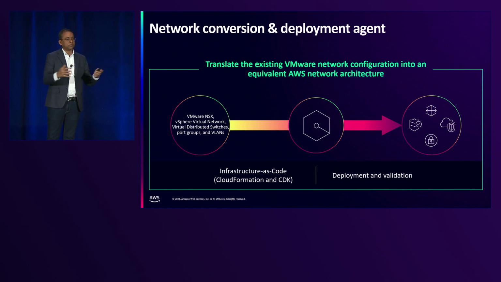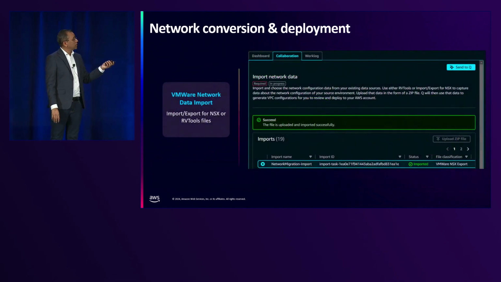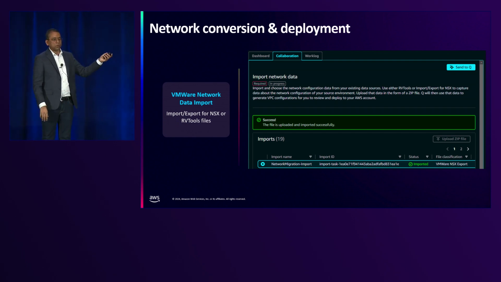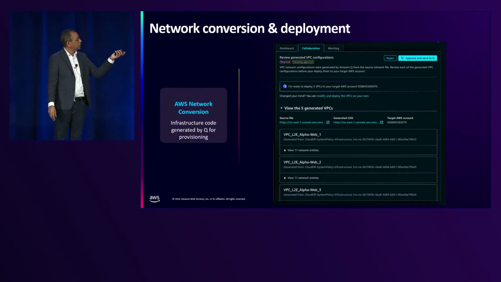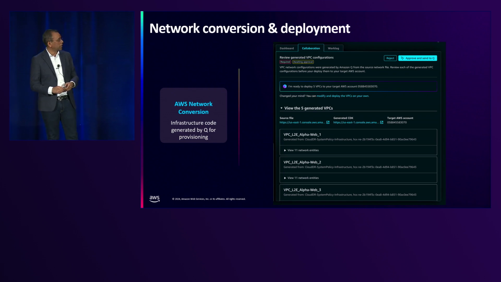So that significantly reduces the manual work, and more importantly, all the errors that can happen in that process. So again, the experience is the same web application where you started your migration journey. When it reaches this step, it is going to ask you if you want to provide your NSX data, or you want to use your RV Tools files, and based on that, it is going to start creating the converted network artifacts.